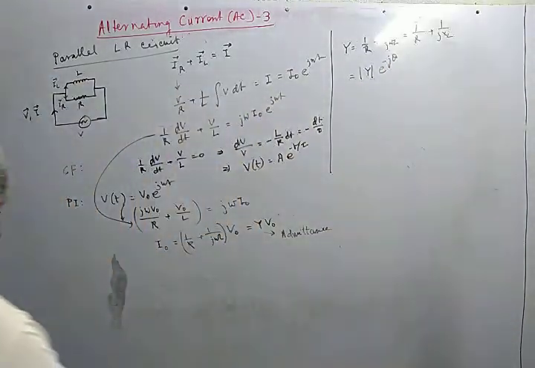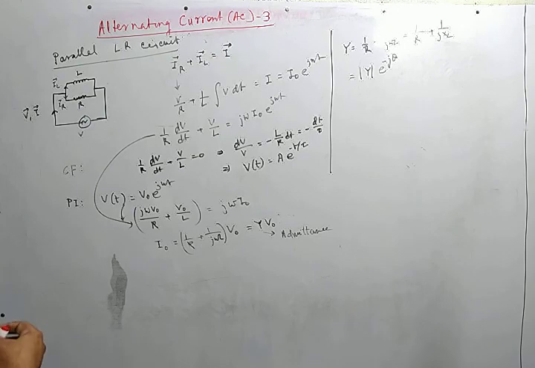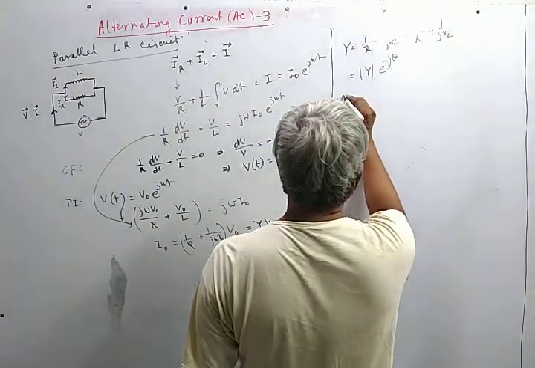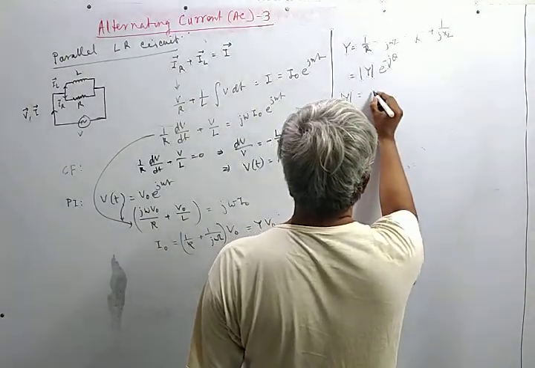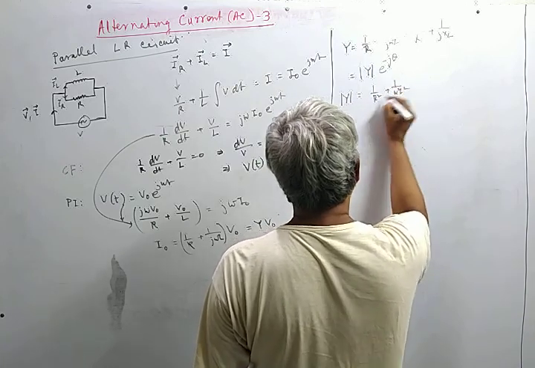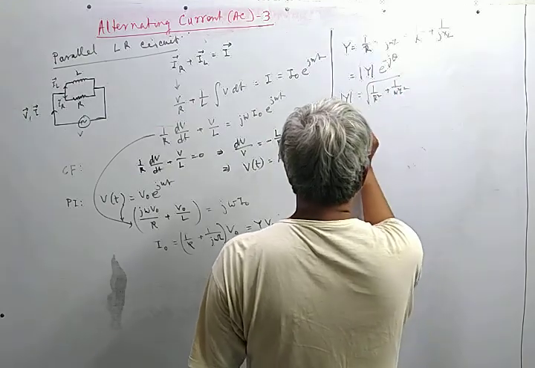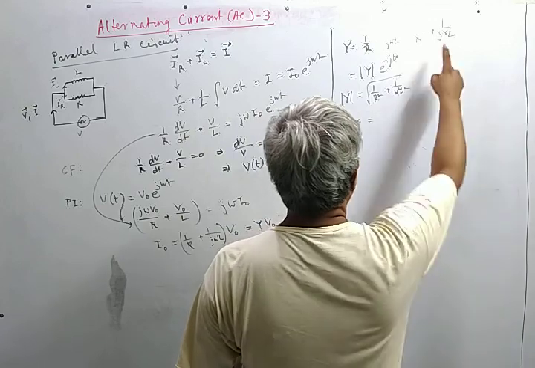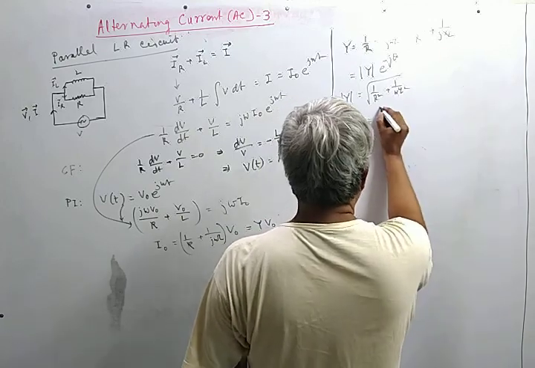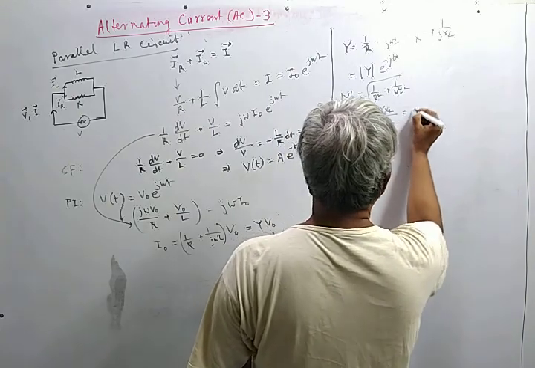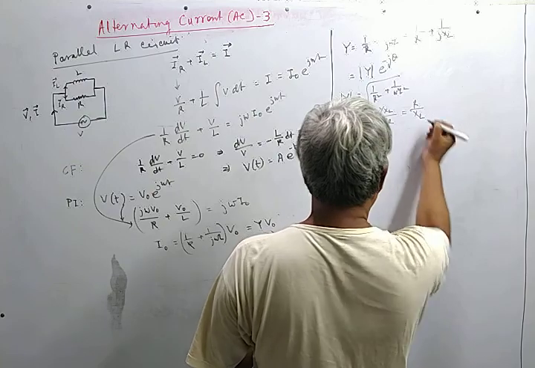Note that for the series combination, or in case of Z, we use the phase as phi, and here we have used the phase as theta, where the modulus of Y is given by square root of 1 by R square plus 1 by omega square L square, and tan of theta is governed by (1 by XL) by (1 by R) is equal to R by XL.